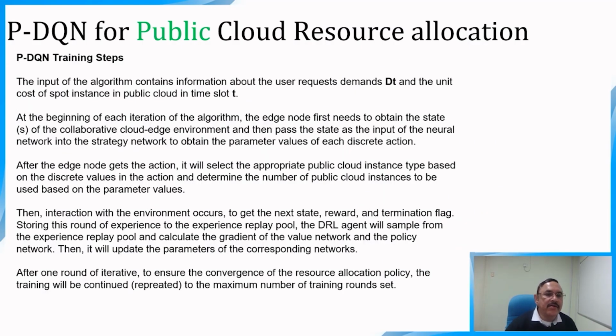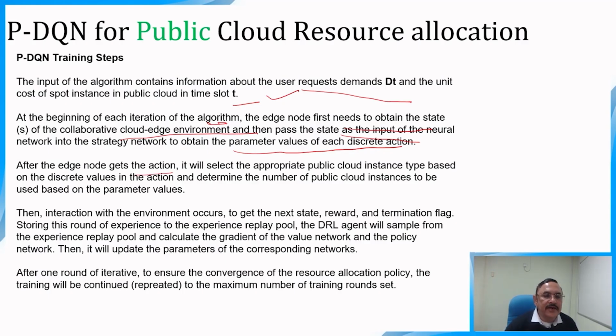So, PDQN training steps: the input of the algorithm contains the information about the user request demands d_t and the unit cost of the spot instance in the public cloud at time t, that we have already seen in the previous examples. In the beginning of each iteration of the algorithm, the edge node first needs to obtain the state s of a collaborative cloud edge environment and then pass the state as the input of the neural network into the strategy network to obtain the parameter value of the discrete action.